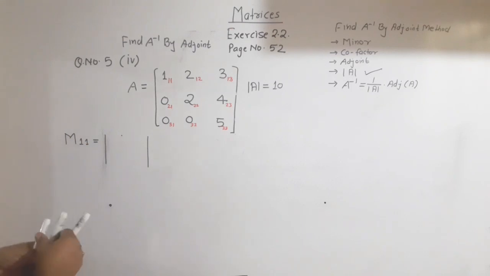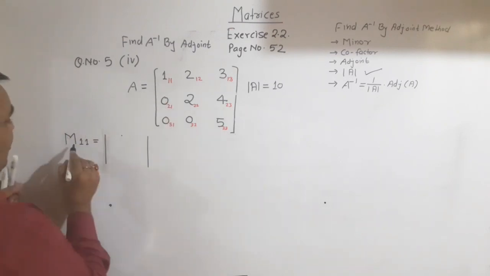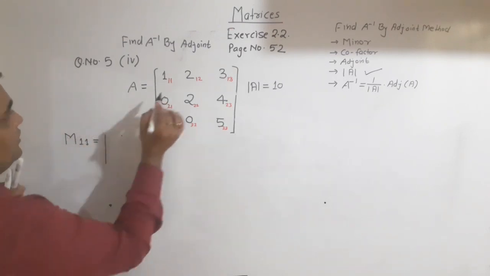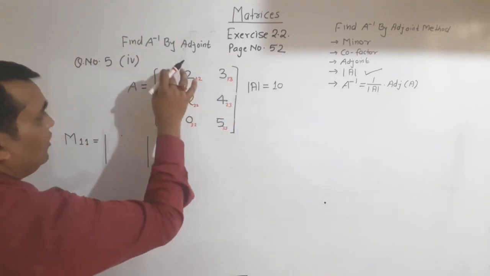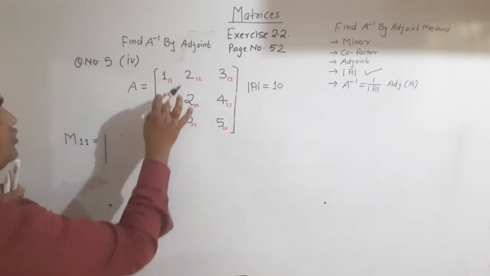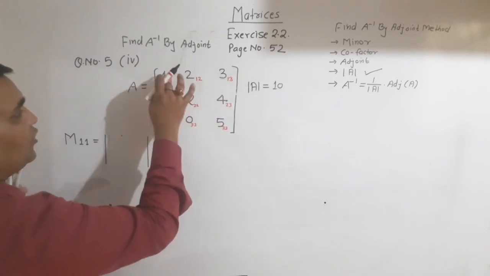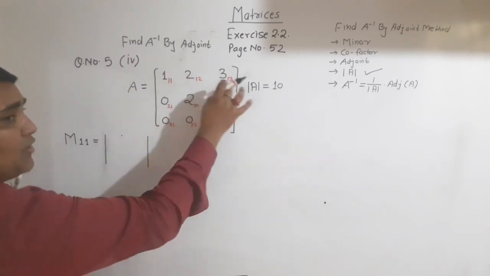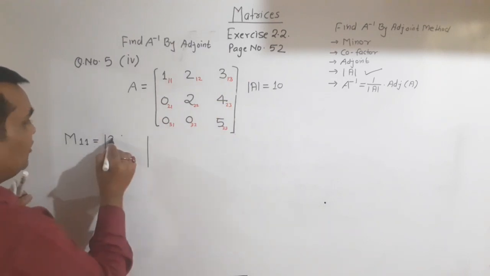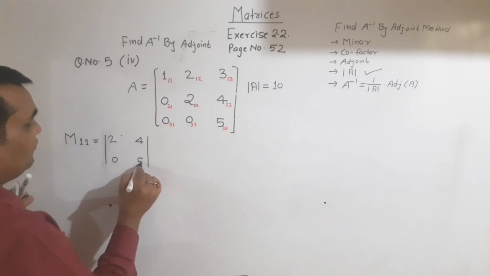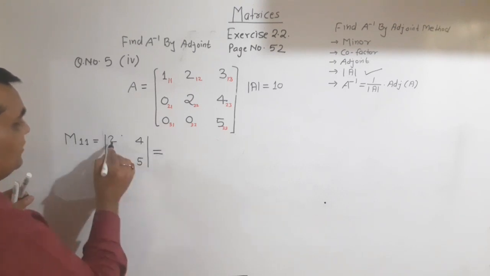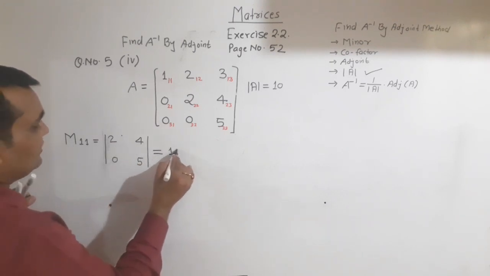Now my dear, minor of 11. So 11 is in the first row, first column. So you just remove the elements of the first row and first column. So write down 2 4 0 5. Again solve the determinant. You are going to get 10.